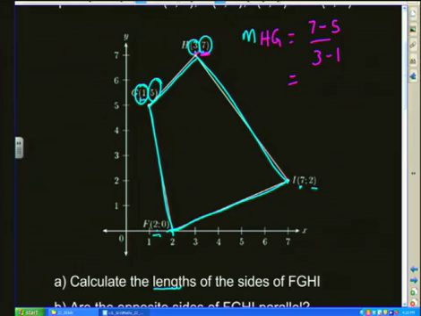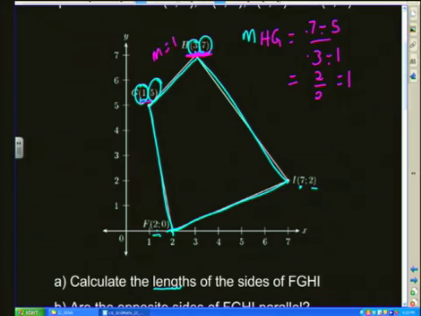And the only thing here, guys, is be careful with your signs and remember to get your order correct. So if you're starting with the coordinates at point H, then you need to make sure you get both the x and the y coordinates down first and then go to point G. All right, so 7 minus 5 is going to give me 2. 3 minus 1 is 2. So that just gives me the gradient of HG is equal to 1.